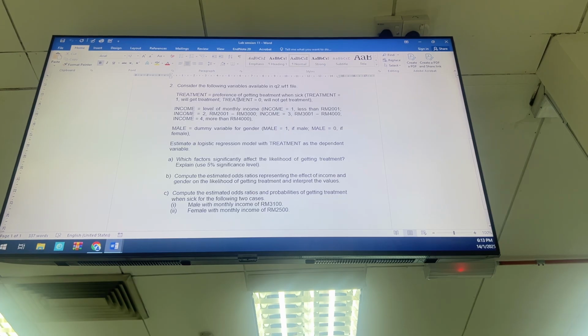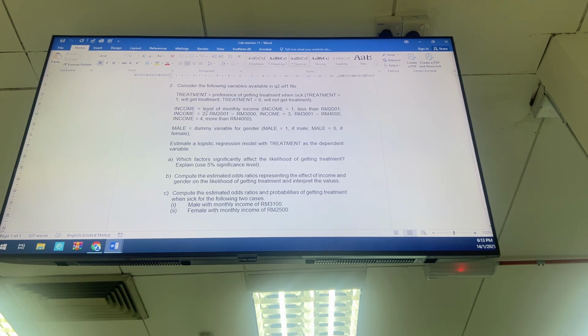A group of foreign workers in Malaysia were asked whether they will get treatment when they fall sick. If yes, then we put 1. If they say they will not go to the hospital or clinic to get treatment, then we put 0.